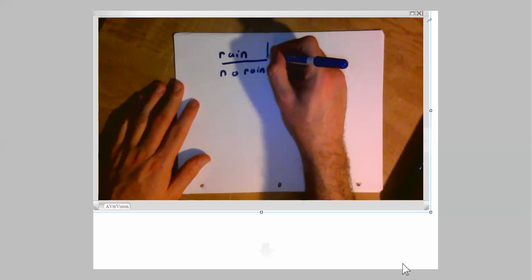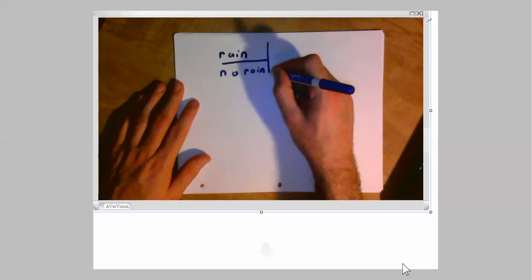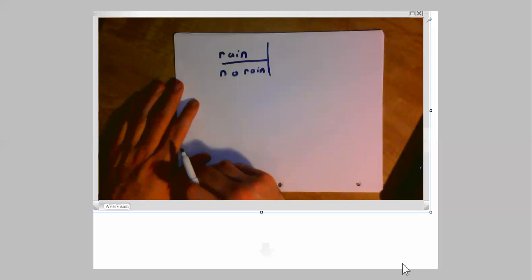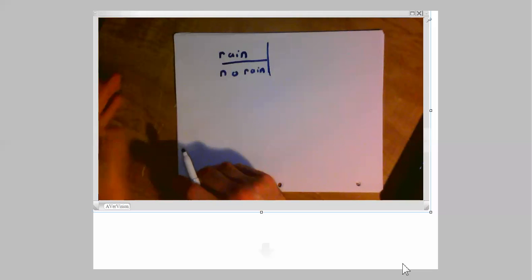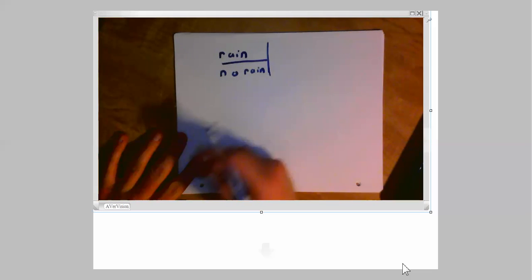Now, what happens? Our events are not going to be rain and no rain, because really our events are what happens when it rains, since we're interested in the expected number of people that attend. So those are going to be our two events.